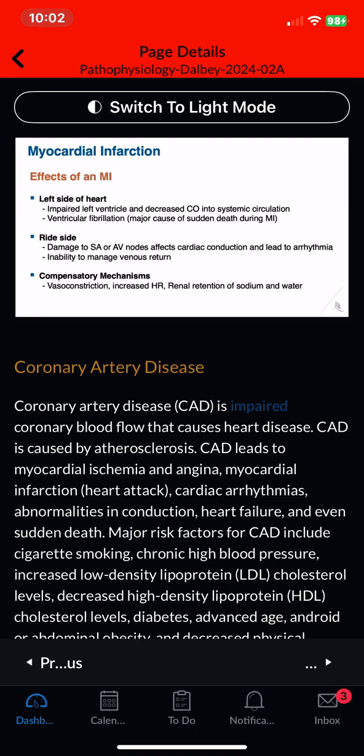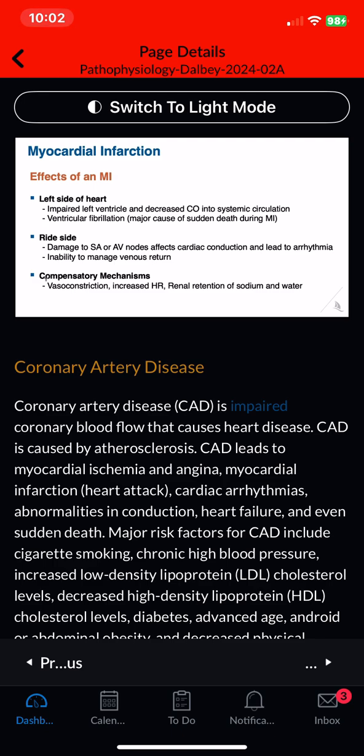The area of tissue that dies during a myocardial infarction ultimately becomes scar tissue, and it's no longer muscle tissue, and so it cannot contract. A myocardial infarction then ultimately will decrease the heart's ability to contract, so it affects contractility, cardiac output, and blood pressure. So there are compensatory mechanisms that are going to be activated to try to maintain cardiac output and blood pressure.